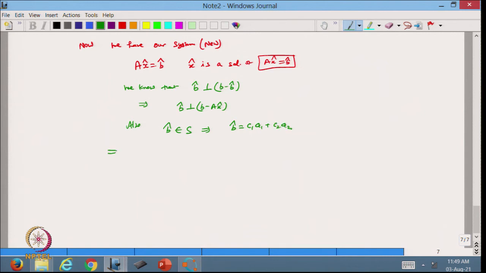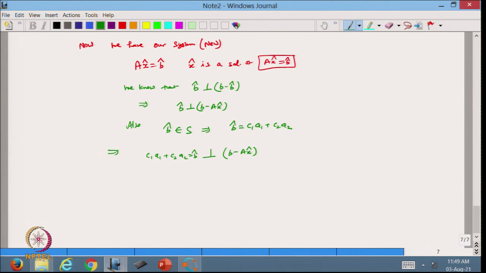So C1 A1 plus C2 A2, that is my b hat, and that is perpendicular to b minus A x hat.